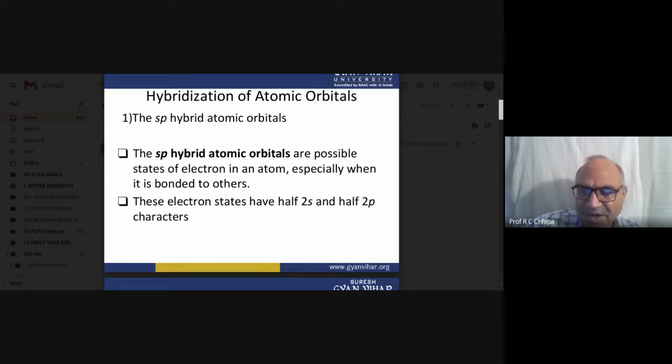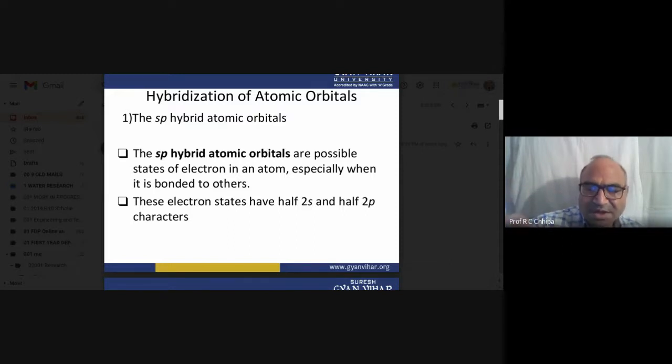In the other carbon, the sp orbital also has an unpaired electron, and they bond with each other. Therefore, a covalent bond is formed between the two carbon atoms, that is the sp hybrid orbital of one carbon and the sp orbital of the other carbon.